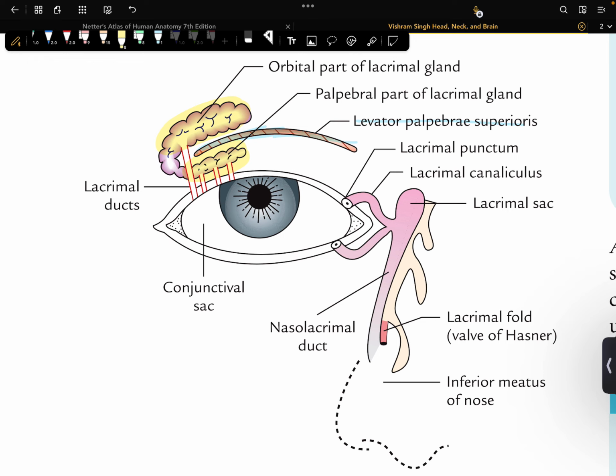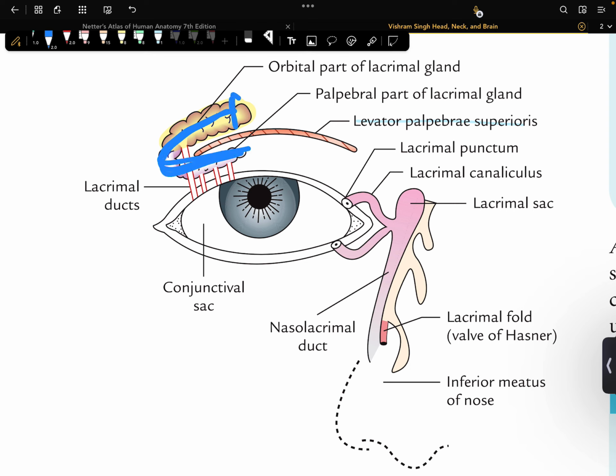The orbital part is almond shaped, and in total the gland is J shaped.